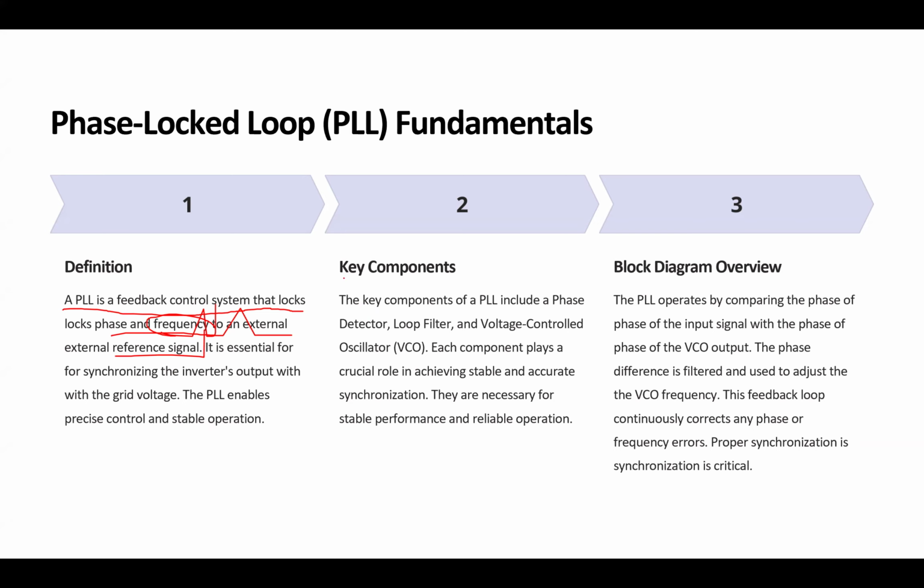What components we use for a PLL is easy to guess. We need a frequency detector or phase detector. This is our first component in our PLL. We need a loop filter because, as we know, all the signals that we read, including the frequency, have some noise and variation.